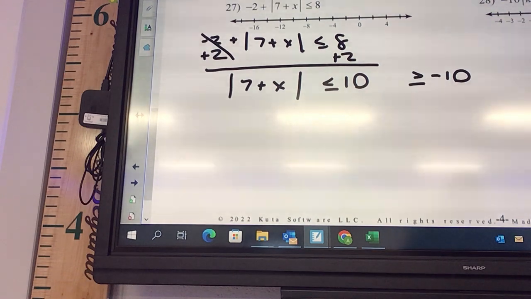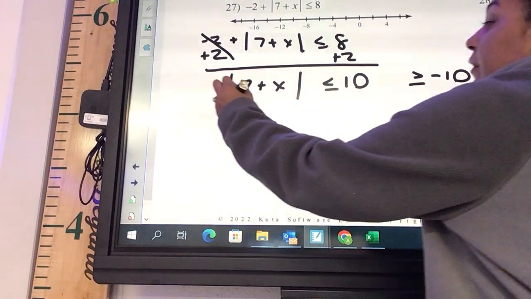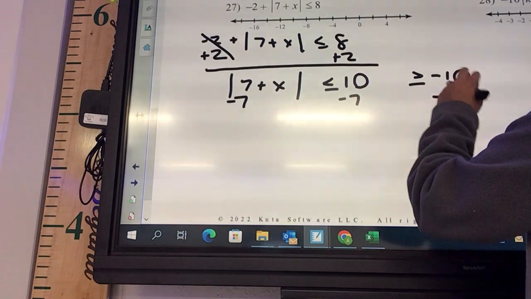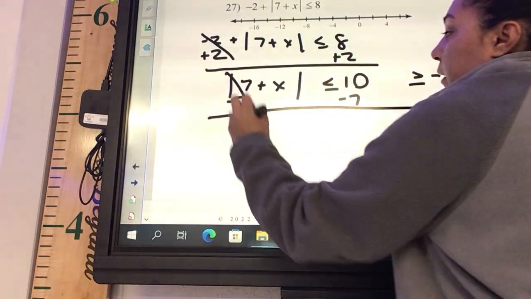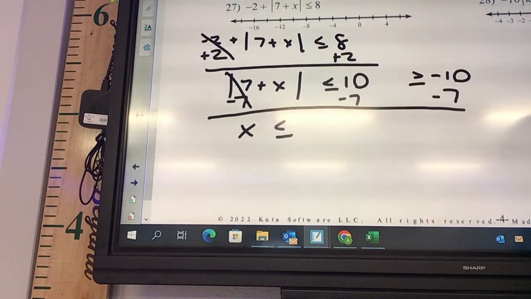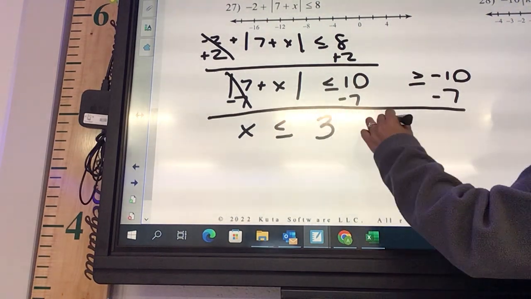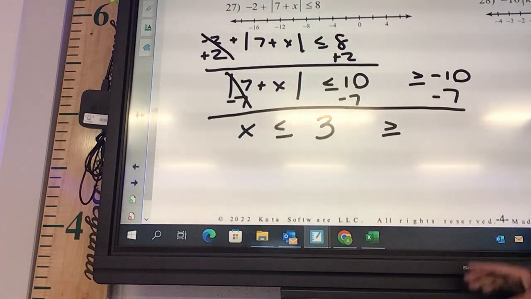Okay, now what needs moved? It's not a 1. Same thing. 7. So we're going to say minus 7 on all sides. 10 minus 7. 3. Negative 10 minus 7.